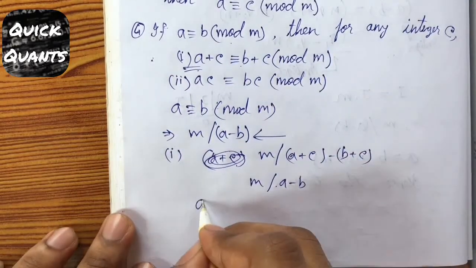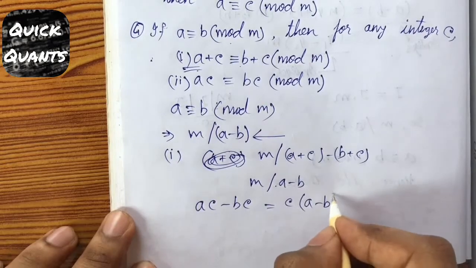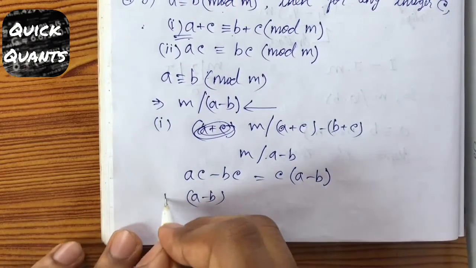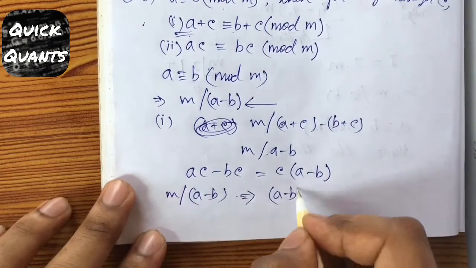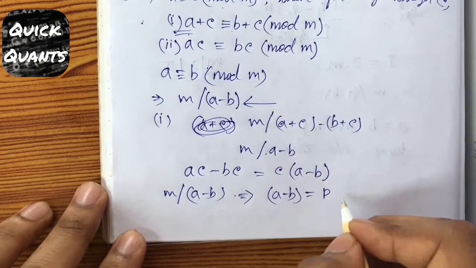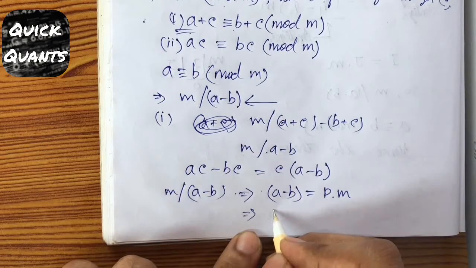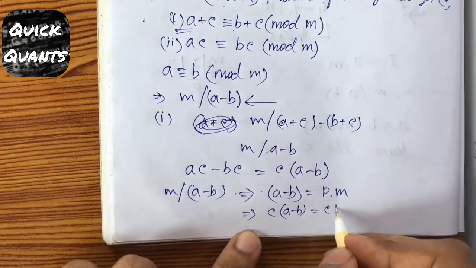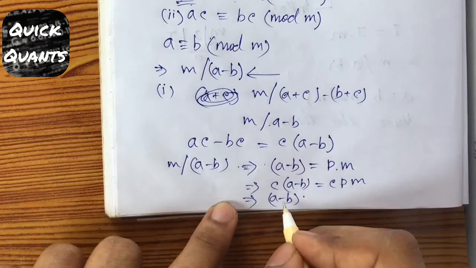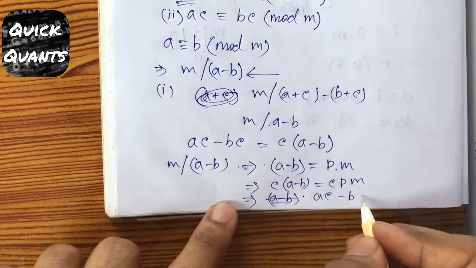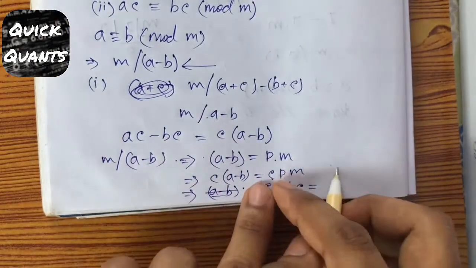And also for the second term, we look at AC minus BC. We know that M divides A minus B, so we can write A minus B as some integer P into M. If we multiply C on both sides, then we will get C times (A minus B) equals C P M. So AC minus BC equals C into P into M, where P is an integer, so C into P is also an integer.